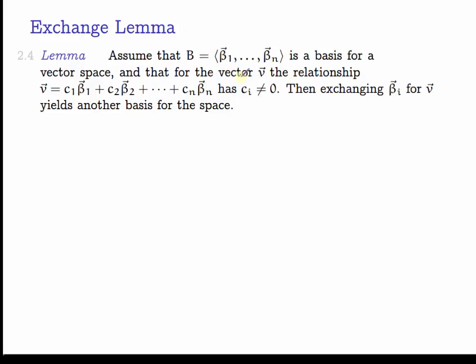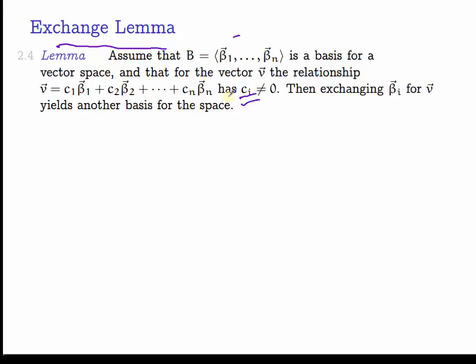Okay. So in order to prove that any 2 bases of a vector space have the same number of vectors, we'll first prove this exchange lemma. The exchange lemma says the following: assume that B is a basis for a vector space, and that for the vector V, the relationship V expressed in this form has Ci unequal to 0.